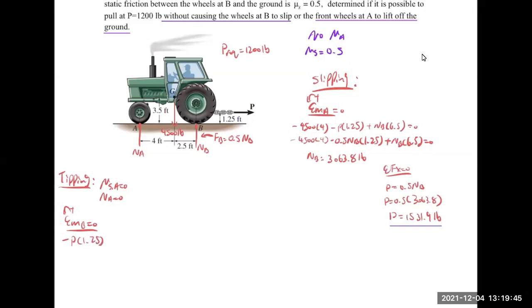And then this 4,500 pound force with a perpendicular distance of 2.5 feet, that's going counterclockwise about B. So plus 4,500 times 2.5 equal to 0. Solving for P, I got P equal to 9,000 pounds.